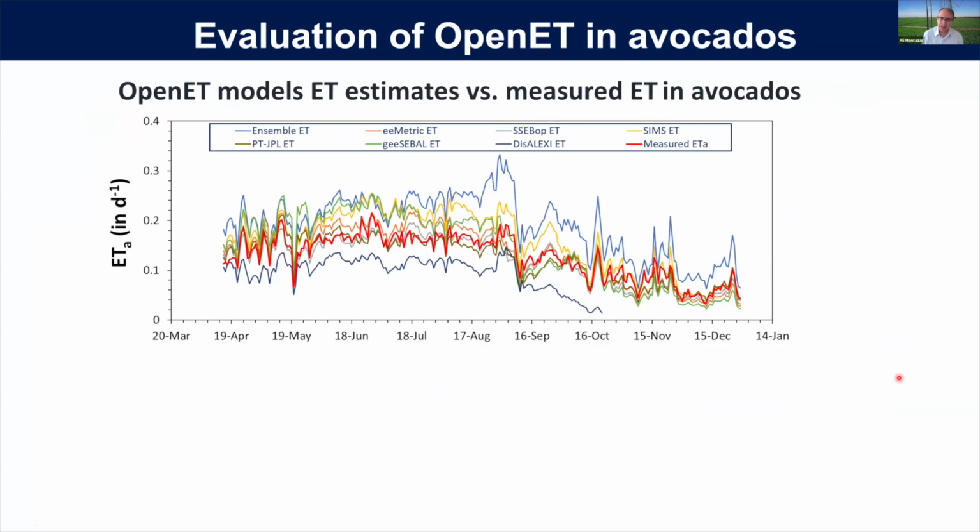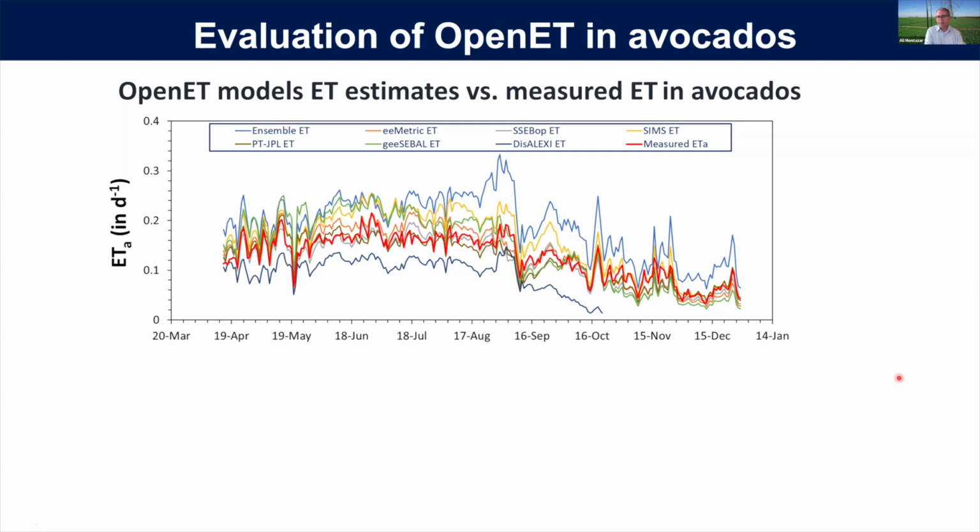But the question is, how accurate are these satellite-based numbers? Since we have the real measured data, we can do some evaluation. I'm working on this issue. We will publish very soon an article on how accurate OpenET is for avocados, and if our growers want to use OpenET for their avocado orchard, what considerations they need to pay attention to.